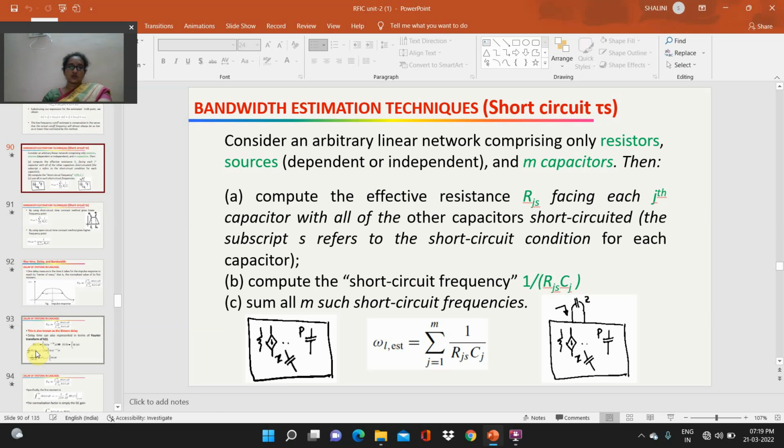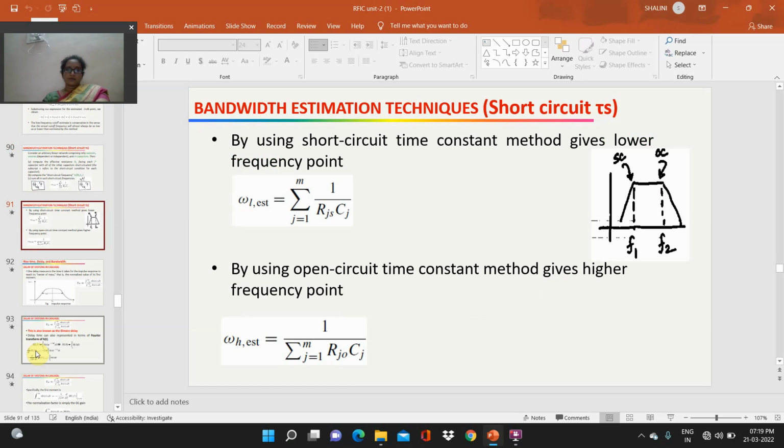Compute the short circuit time constant, and sum all M such short circuit frequencies. Using the short circuit time constant method gives the lower frequency point, that is, omega L comma est is equal to the sum for j equal to 1 to m of 1 by R_jS into C_j.